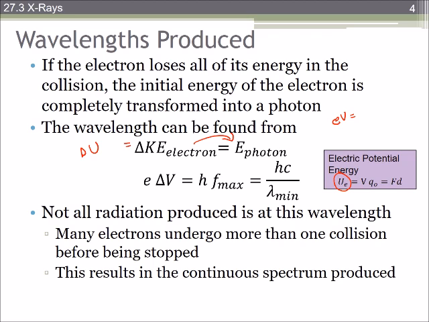It's just a nice convenient number for particularly small things. So here we have our change in energy of our electron equal to the energy imparted to our photon. Not all energy is produced at this wavelength, but this is going to be the most energy produced.